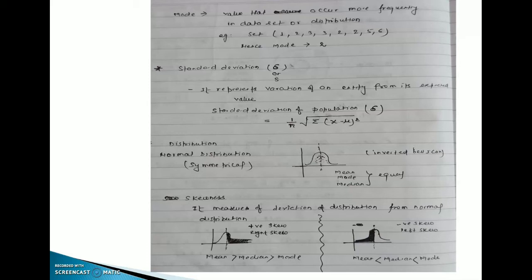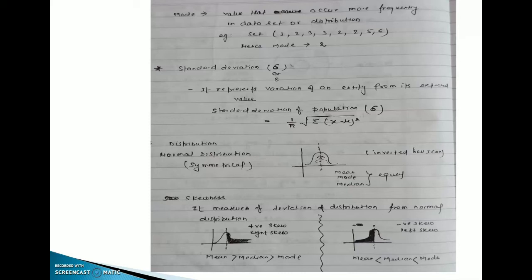In normal distribution, mean, mode and median are equal. Again, I am repeating, in symmetrical distribution, mean, median and mode are equal.